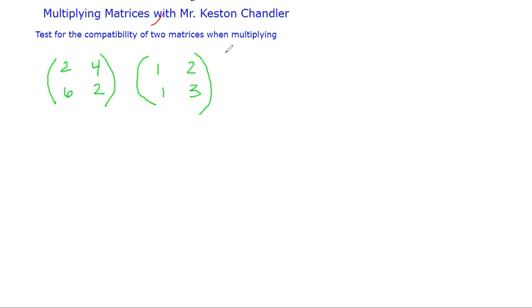Before I actually start multiplying, I need to check the order of these matrices. So this is a 2 by 2, and this is also a 2 by 2. And I got that by identifying the number of rows, there are 2 rows here, by the number of columns.